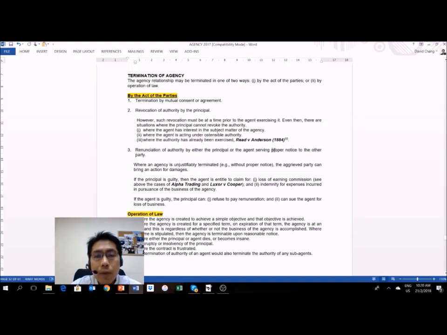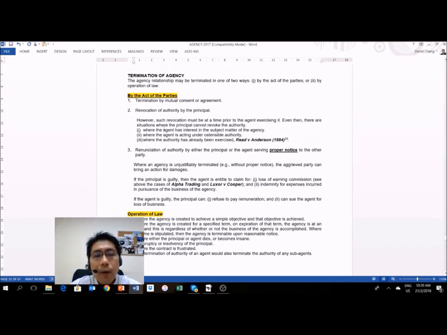The difference between 2 and 3 is that in 3 there is the provision of notice by either party, the principal of course, or the agent. So even the agent himself, even though he might be appointed the agent, at any point in time he wishes to terminate, he can do so.